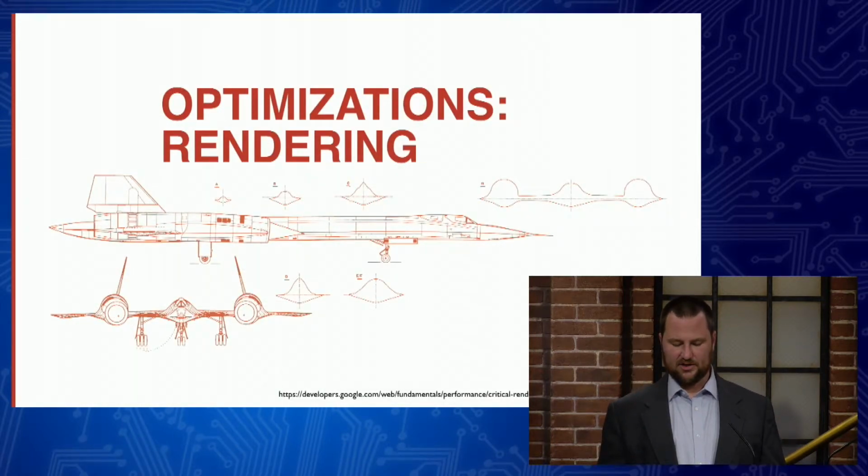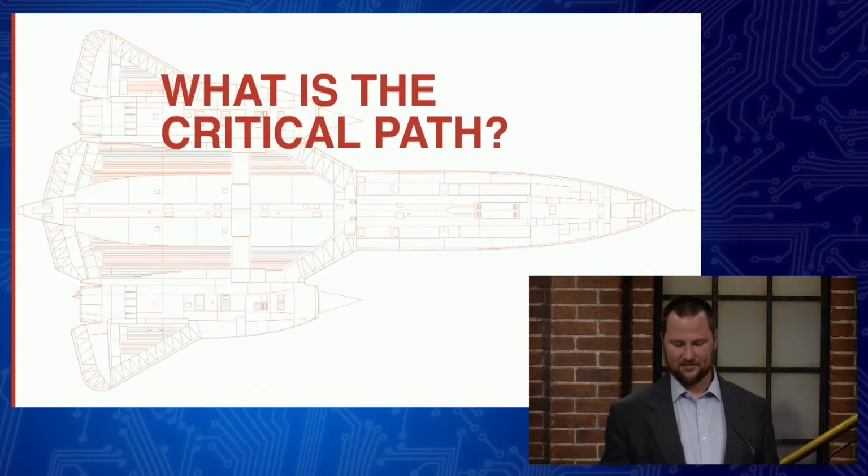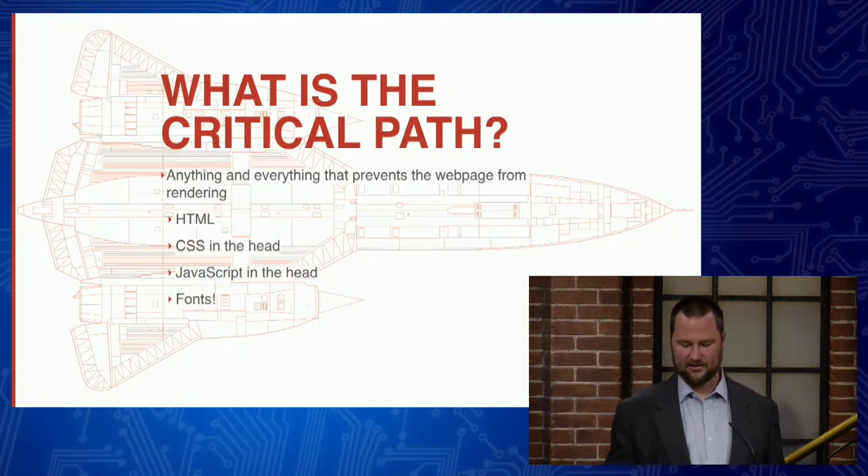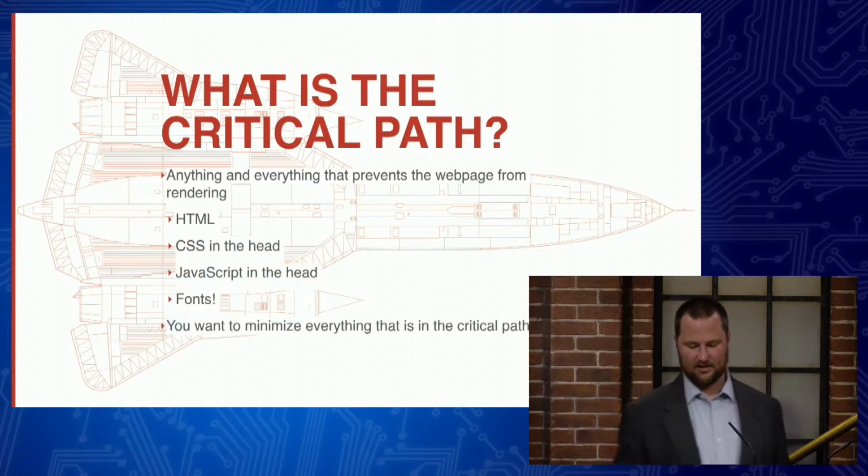So, optimizations within the rendering step. We were talking about the optimizations of the download steps, but let's talk about the optimization of the rendering step. So, critical path. The critical path is anything that blocks your rendering.